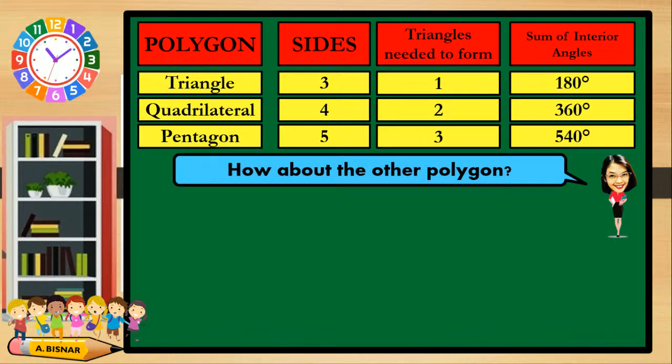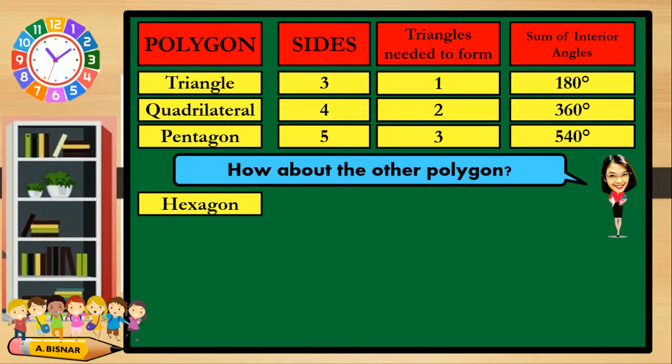Well, how about with the other polygons? So let's try to answer this even though we don't have any illustrations. Sasagutan natin kahit wala tayong illustrations katulad nung kanina. Try to answer this. Hexagon. Try to identify the number of sides.